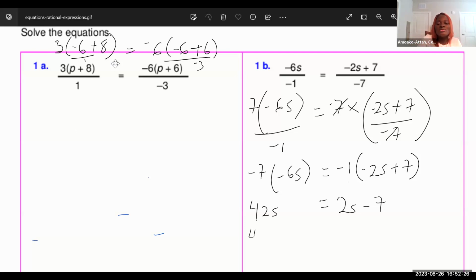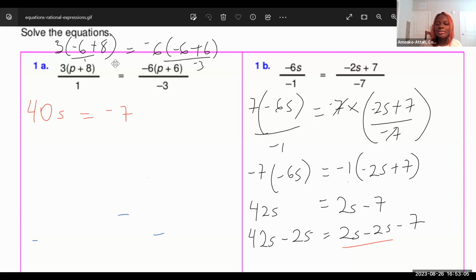So we have 42s minus 2s equals 2s minus 2s minus 7, right? So in this case, we have this now to be 0. So we come here. What is 42 minus 2? That'll give you 40s equals negative 7.